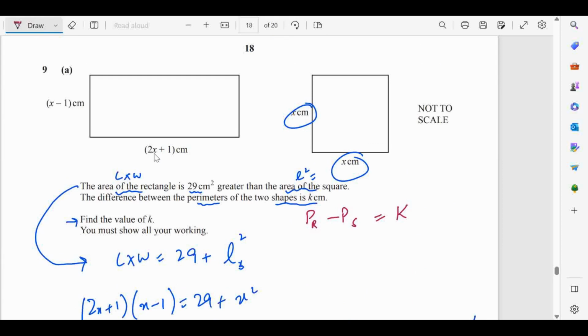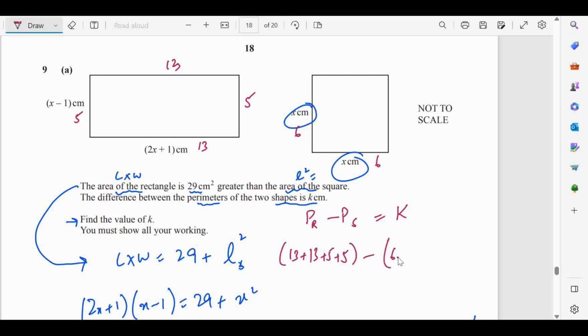If we put 6 here, 6 into 2 is 12 plus 1 is 13. So 13, and here 6 minus 1 is 5. So 13 and 5, and here the value of x is 6, so 6 and 6. If you find out the perimeter of the first shape, this must be 13 plus 13, 26, plus 5 plus 5.